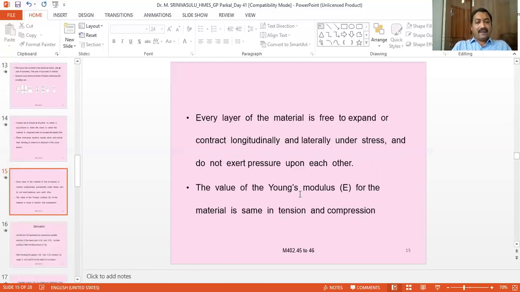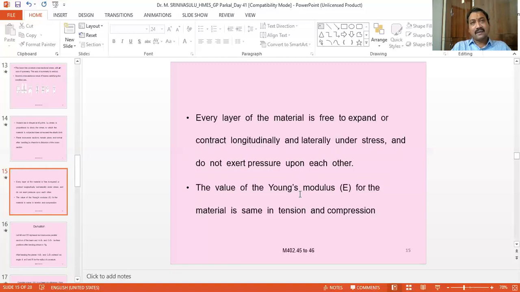Next, the other point. Every layer of the material is free to expand or contract longitudinally and laterally under the stress and does not exert pressure upon each other. This point we already discussed. Here we are assuming that the cross section of the beam is made up of many layers of small thickness, and each individual layer is free to expand or contract.